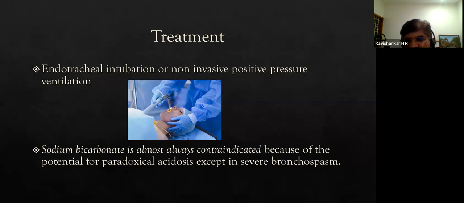I'm not entirely sure, but I have seen them give bicarbonate through the endotracheal tube. Anybody else have any idea? Sania? How will bicarbonate help in severe bronchospasm given the risk of paradoxical acidosis? Just find that out. Yes, sir.